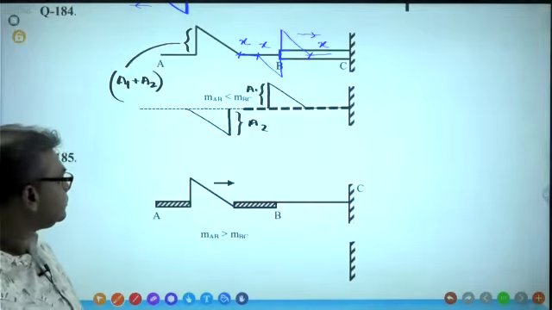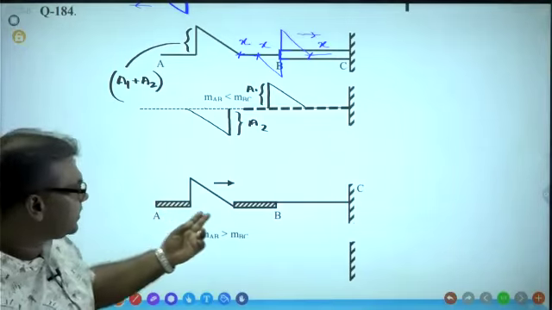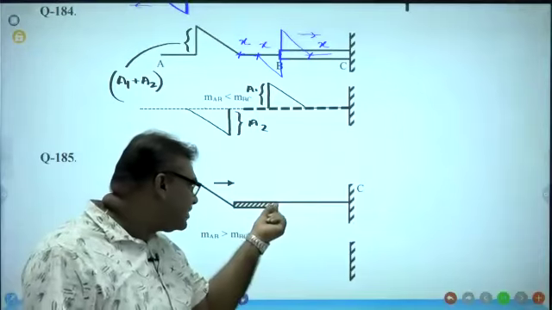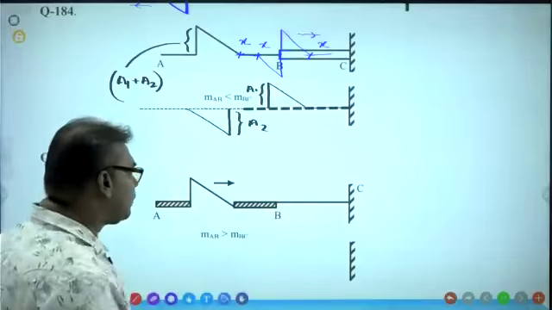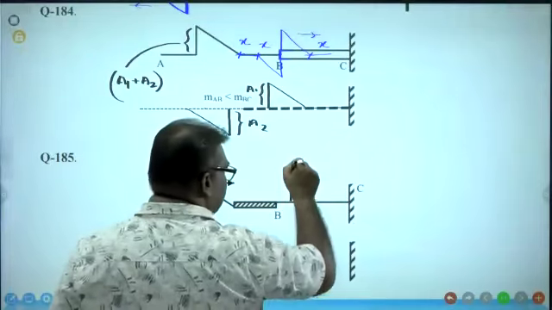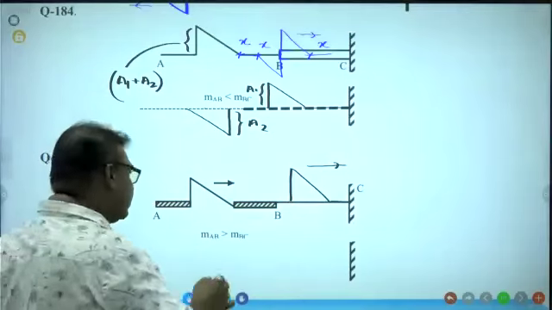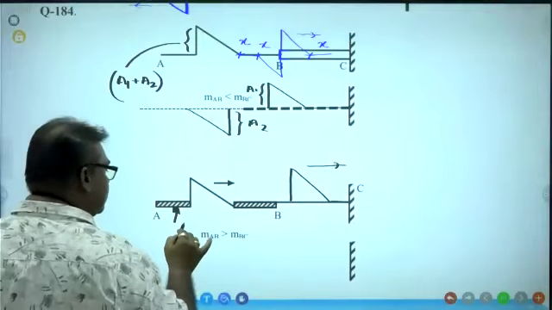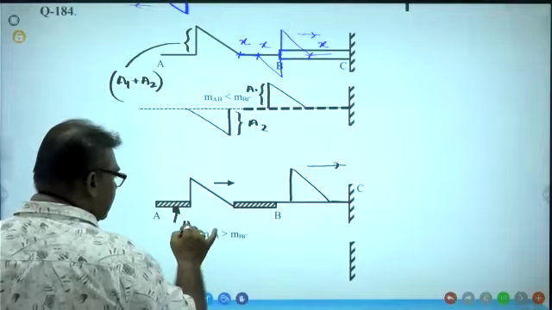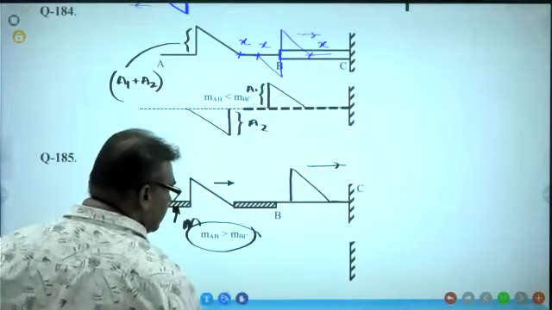Next. This is heavy one. This is light one. But as this one is light one, complete wave will be transmitted right here. It won't be reflected as this is heavy one. Let's see. This is linear density here, mention here.